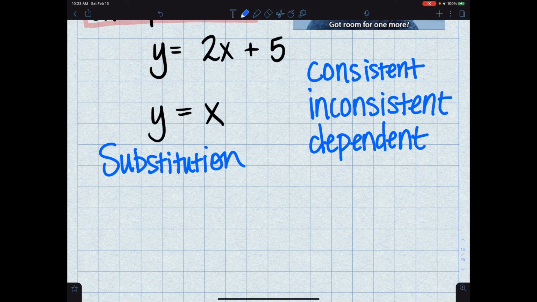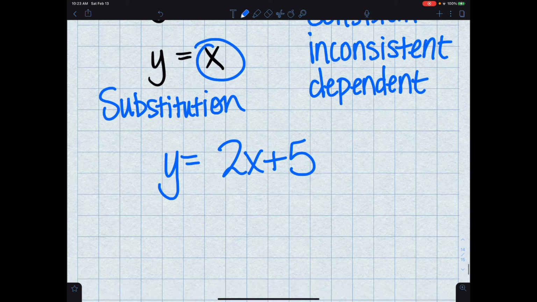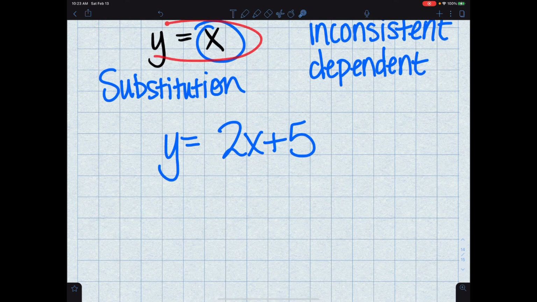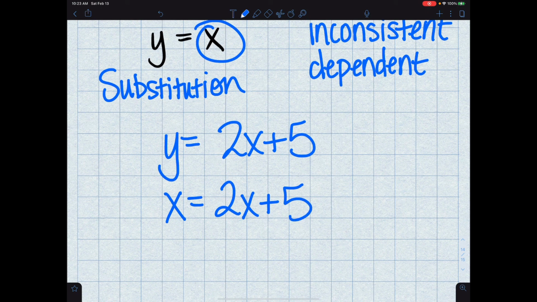So let's put in y equals 2x plus 5, and substituting y equals x, it's going to be x is equal to 2x plus 5.